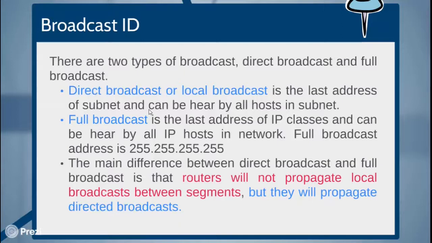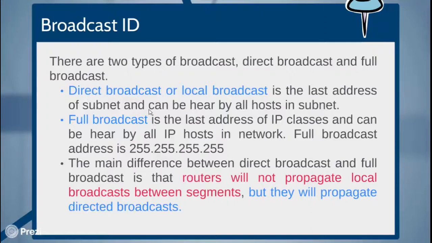So let's say, for example, your network is divided into 3 subnets. With the full broadcast, everyone will be able to get the packet in the network. But in the direct broadcast, it's only limited to, for example, subnet 1. So the broadcast stays in subnet 1 only. Okay? It won't reach subnet 2 and subnet 3.